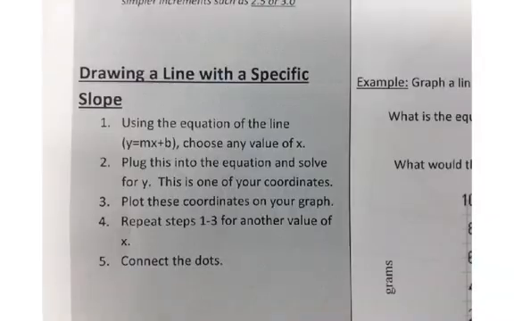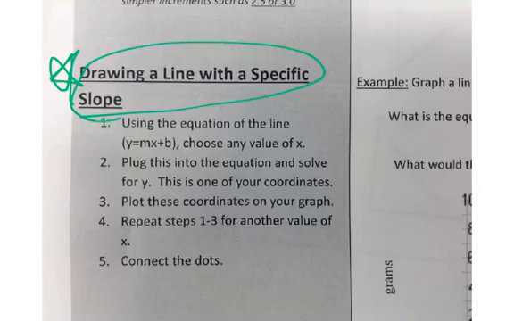The next thing is one of the hardest parts, and I would really pay attention to this one because a lot of people had difficulty doing this, okay? It's when you are requested to draw a line given a specific slope. So I'm going to follow these steps, but I'm just going to go straight to the example again.